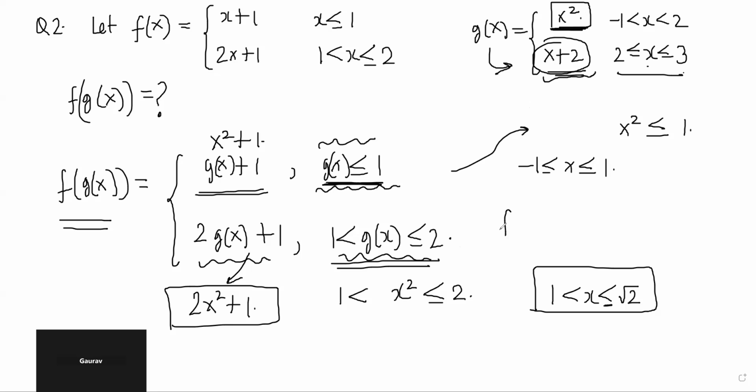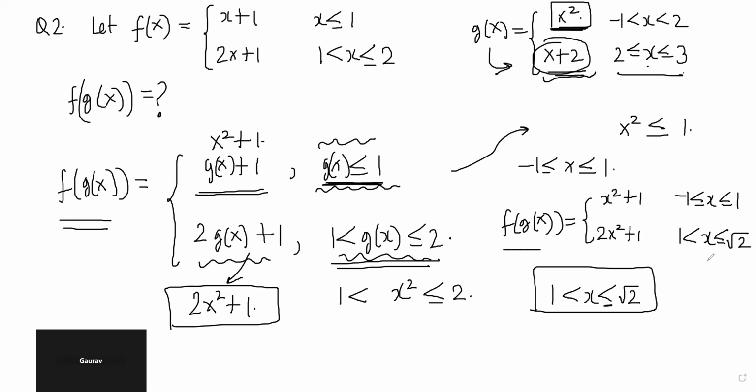It has two definitions: x squared plus 1 or 2x squared plus 1, from minus 1 to 1 and from 1 to root 2. You don't need to draw the graph. You need to think logically, clearly every step. Do you understand what I'm saying? Yes, sir. Okay, question 3.